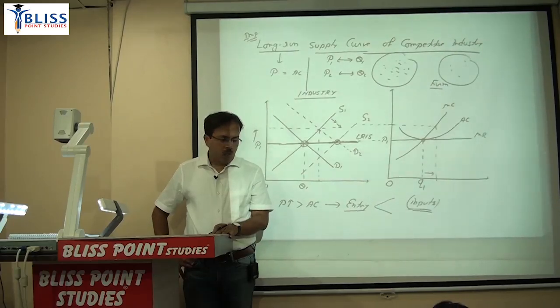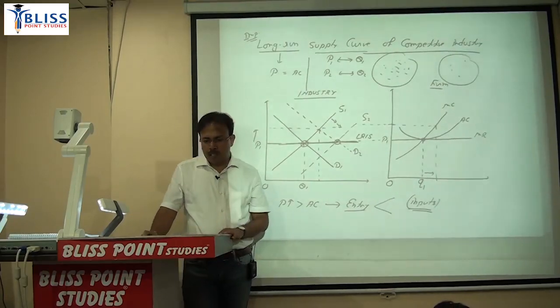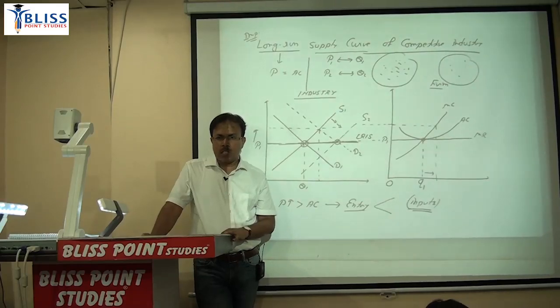I repeat, an industry is a constant cost industry if price of factors of production remains constant as industry expands. Underline that.